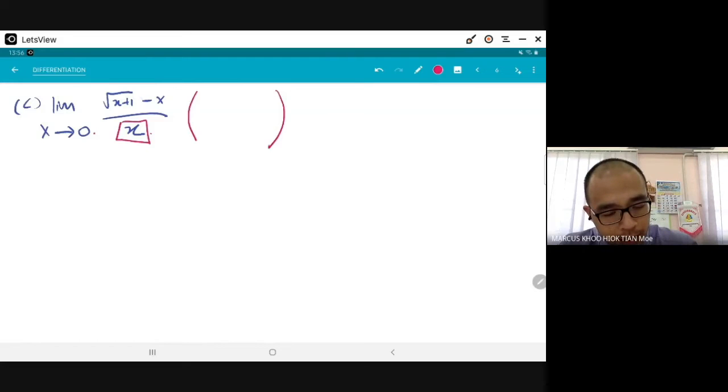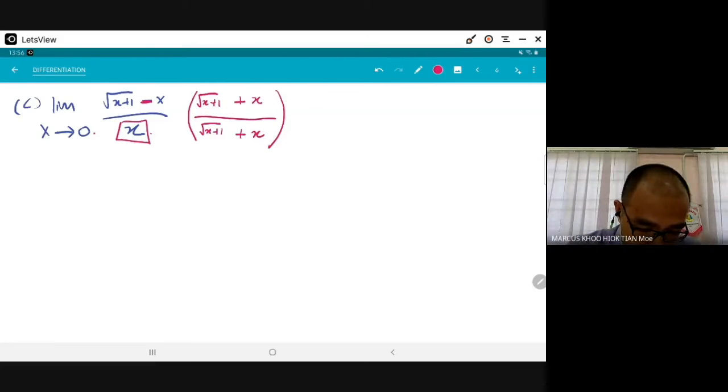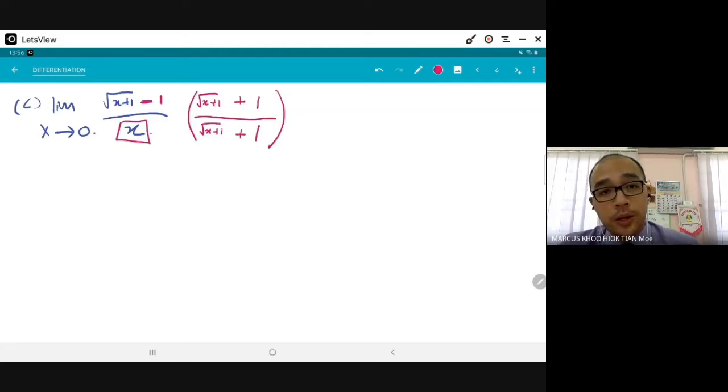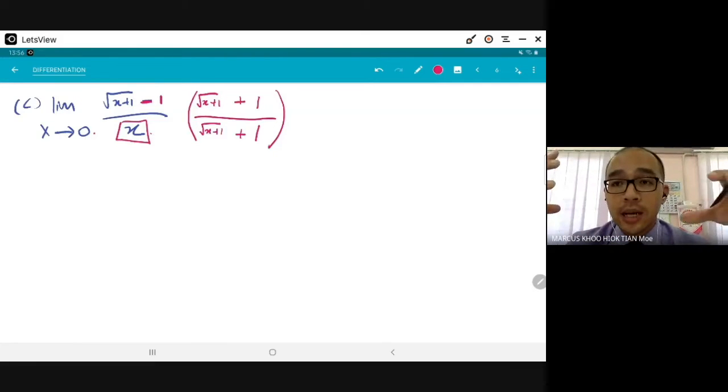So since here it is minus 1, our rationalization will be square root of x plus 1 plus 1, and over here will be square root of x plus 1 plus 1. Sorry, I copied it wrongly. It's 1, 1, 1, 1, 1. Sorry. This is something we learned last year when we were doing cert. I don't know how many of you remember this, but this is the time to remember it after so long.